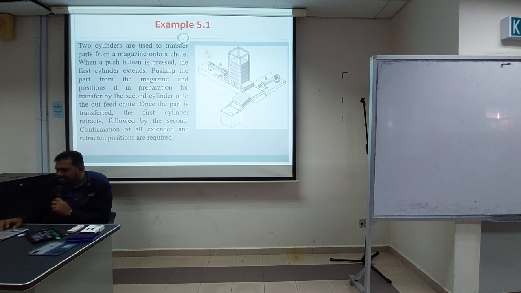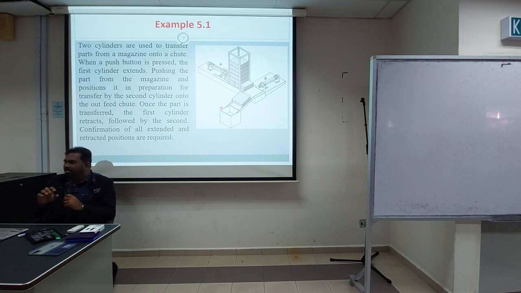If you look at this picture, what do you think it will do? Usually, if you are a good engineer, you see the picture and you will understand what it does.